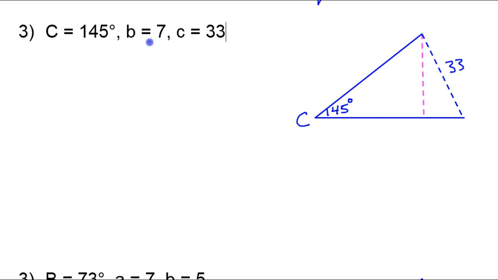And now the other side you're given, I would put right here on the left side of the triangle. So I'm going to go ahead and make this side b and call this the 7.